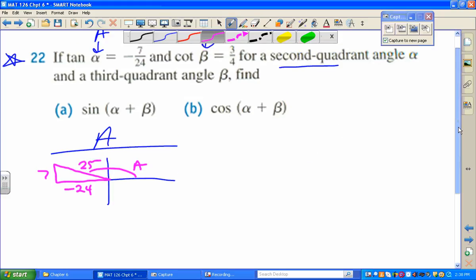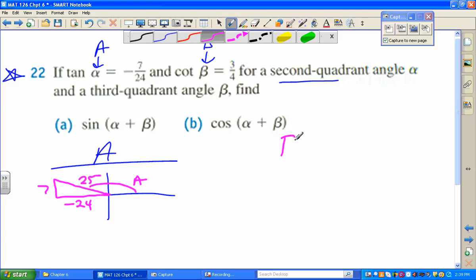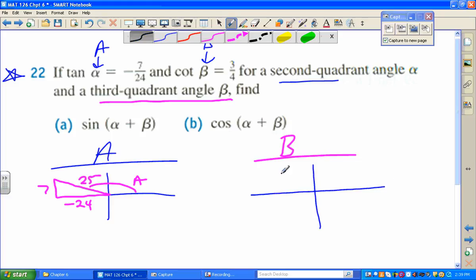Then it says for B, that's going to be a third quadrant angle. So I draw my third quadrant, draw my angles, and I label it. Negative 3 is going to be the adjacent side.